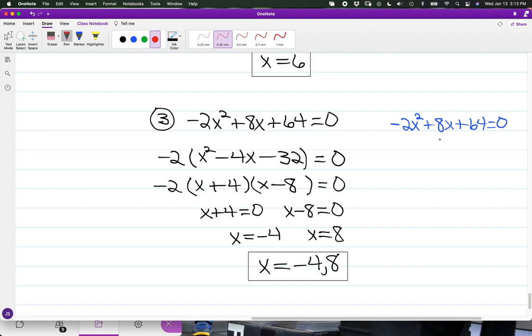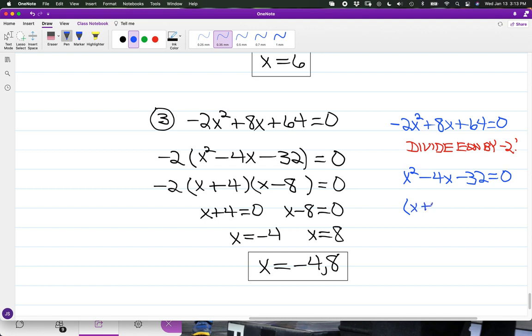So if I were to just divide by the leading coefficient, negative 2, so if I divide the equation by negative 2, what's going to happen here is that we would have x squared minus 4x minus 32 is equal to 0.